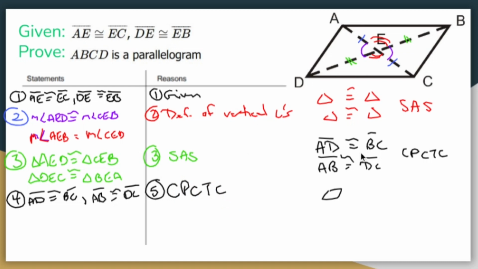Last but not least, now that we have shown that opposing sides are congruent, we can say that ABCD is a parallelogram.